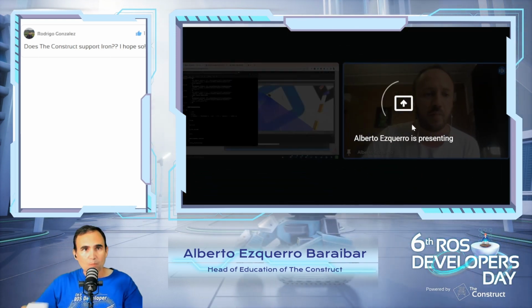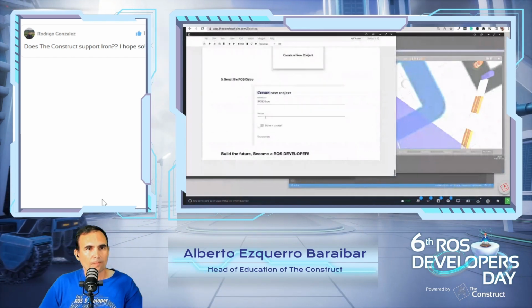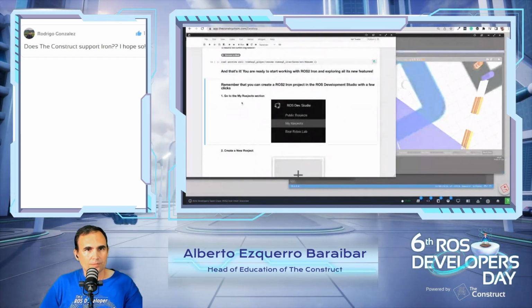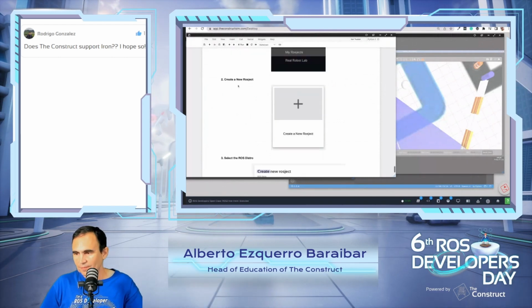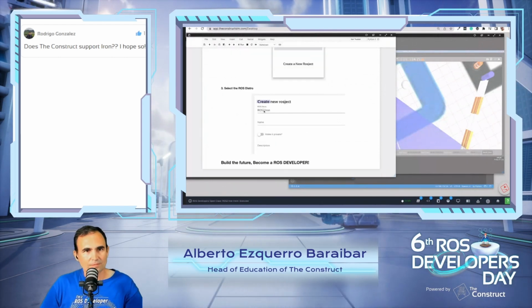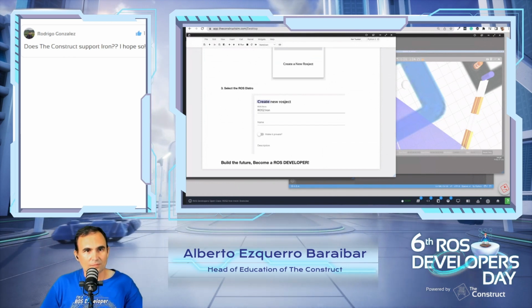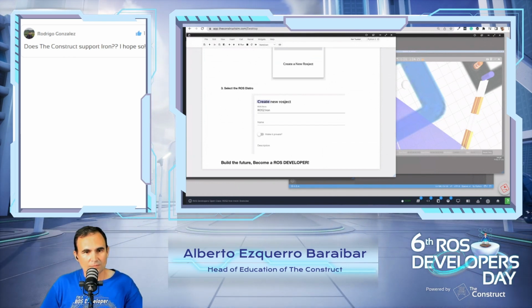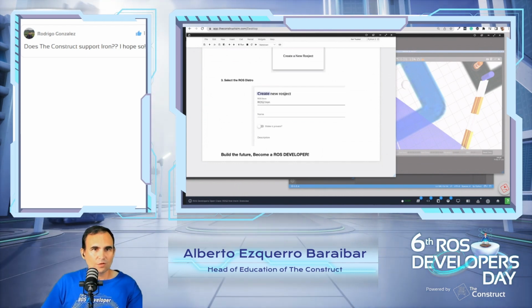At the bottom I have shown that if you want, you can start playing with Iron in the Construct. You can go to my rosject, create a new rosject, and then in the distribution you can choose ROS2 Iron. You can choose also Humble, Foxy, Galactic, many, but you have Iron, so you can start playing with Iron rosjects in the Construct.